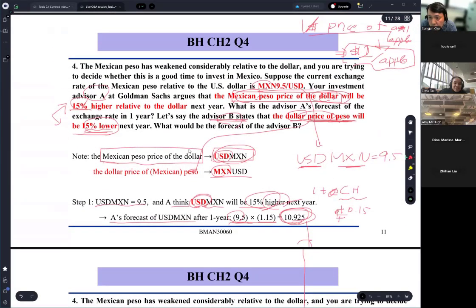Anyway, in this question, the most important thing is how you would translate this into this form. Mexican peso price of dollar, you should write down like this. Dollar should be in the denominator. Dollar price of a peso should have the peso in the denominator. And we have to get the sign correctly. In A's forecast case, appreciation of the dollar, so the sign should be plus.